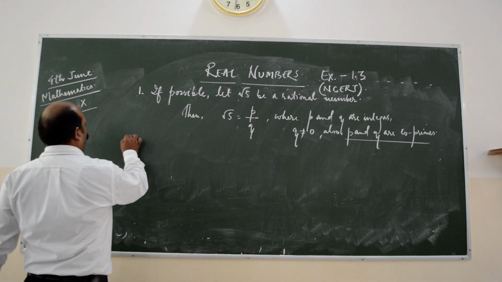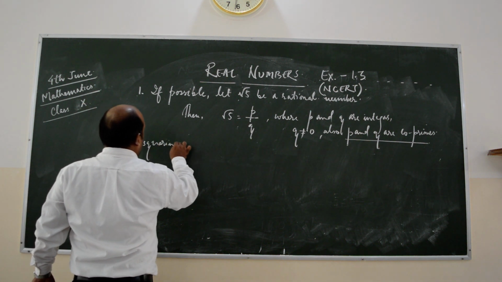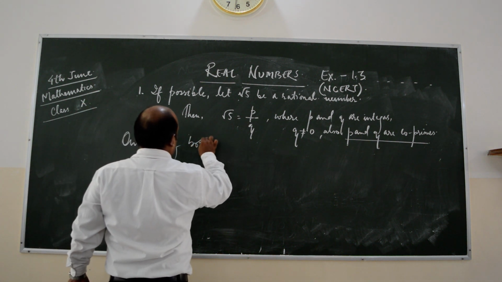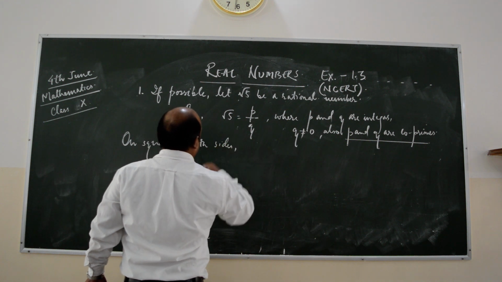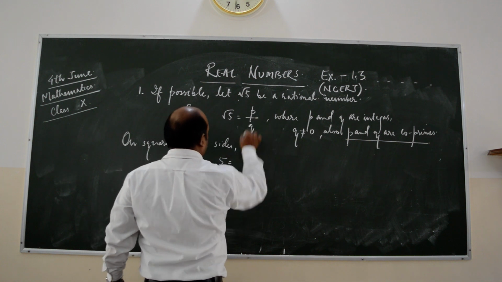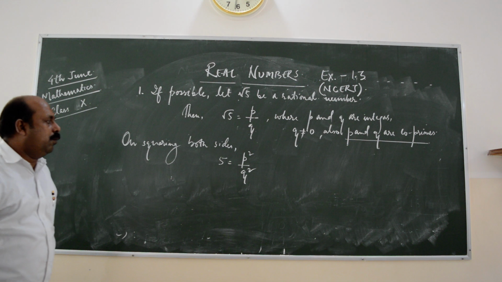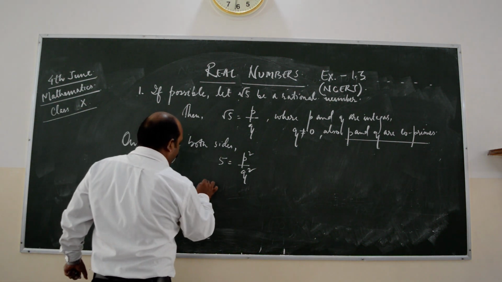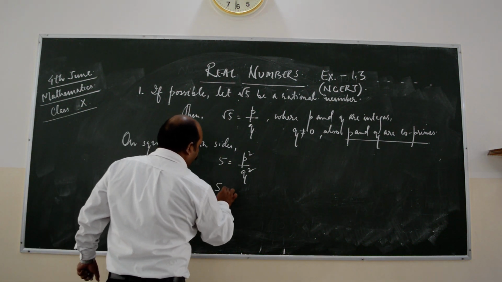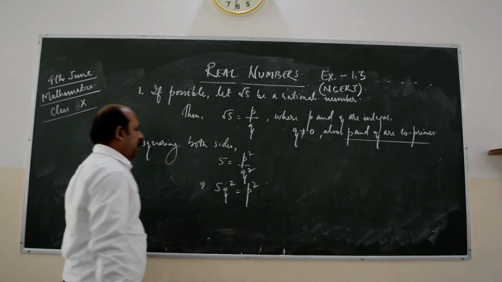Next, on squaring both sides, we get square of root 5 as 5, equal to P square by Q square. We are squaring on both the sides. From here we can say 5 times Q square is equal to P square.